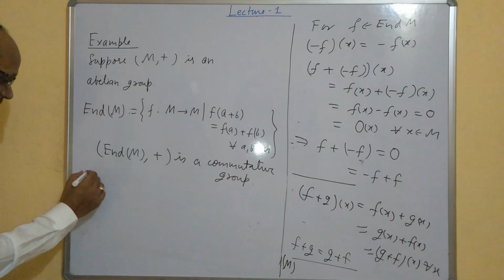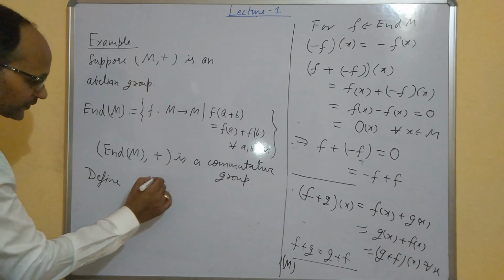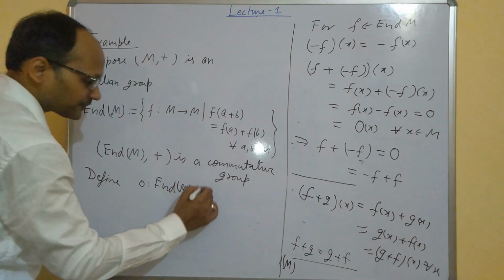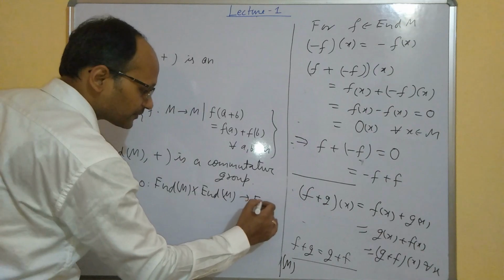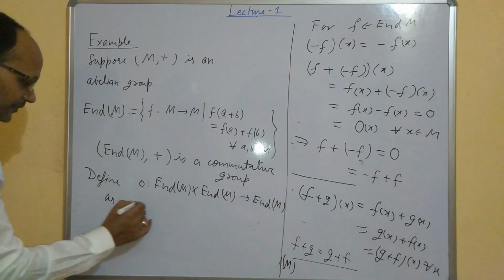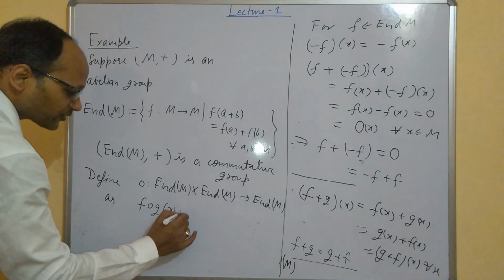So define, you know how to define the composition of maps, from End M cross End M to End M as f∘g.